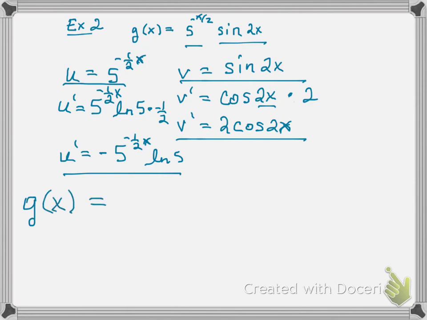So g of x is going to be u prime times v, which is sine of 2x, plus v prime u. And I'm going to put the u first to be consistent with both terms.